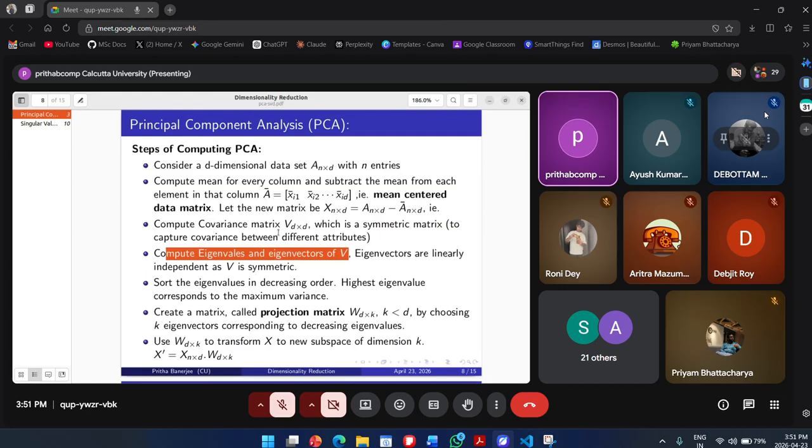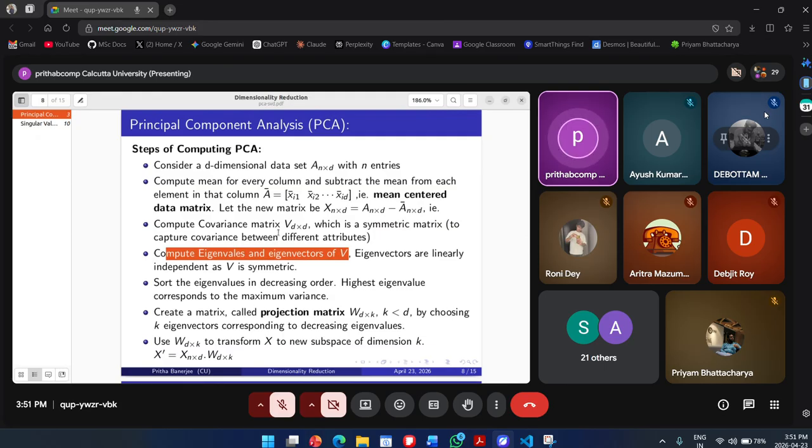Essentially, you try to see along which vector your variance is maximum. That is identified by this scalar value lambda. The highest lambda gives you the vector where your variance is maximum, and slowly at the next level you can find the other principal components.